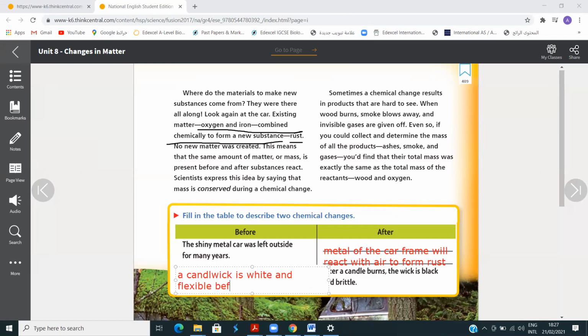Before it is lit means before burning. So burning is a kind of chemical reaction. Rusting is a kind of chemical reaction. When you cook something, that is a kind of chemical reaction. Pizza is a kind of chemical reaction.